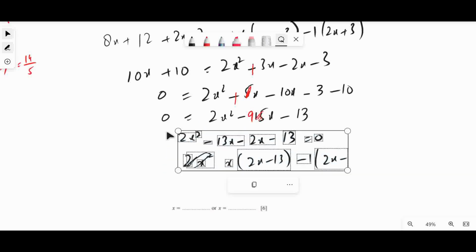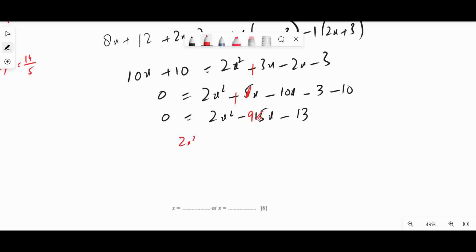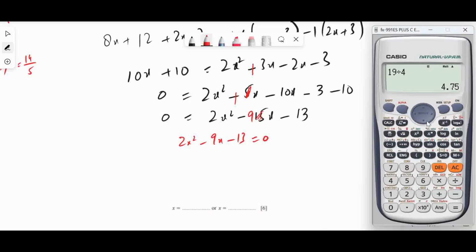So let me remove this working from this portion. Okay, now from here we can see that this will be equals to 2x square minus 9x minus 13 is equals to 0. So we can use the middle term breaking over here. Now from here we can use the calculator and perform the reverse engineering.